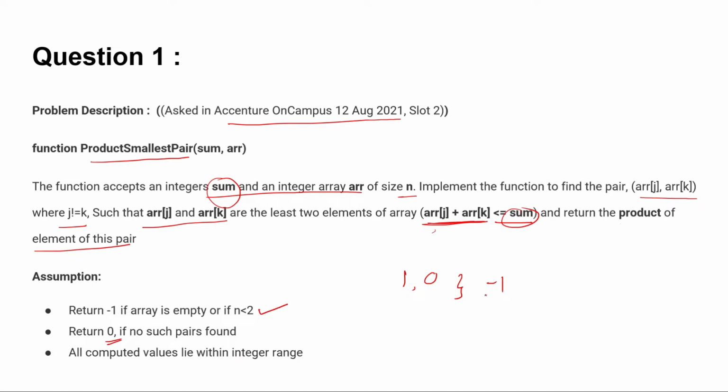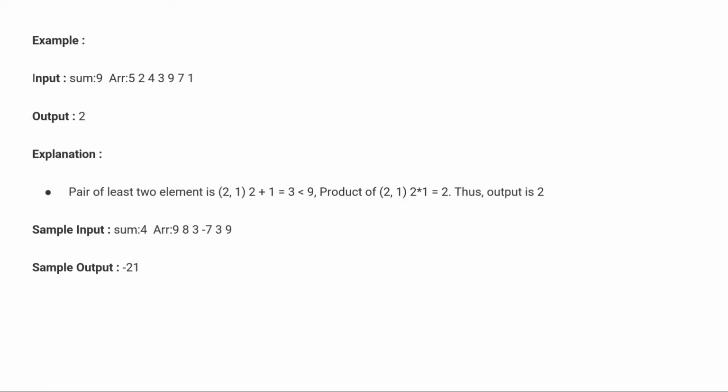So we can take the integer as a parameter. Now suppose we have sum 9 and this is our array. Then the output is 2 here. So how have they reached the output? If you sort the array and then find out the least two elements, those are 1 and 2.